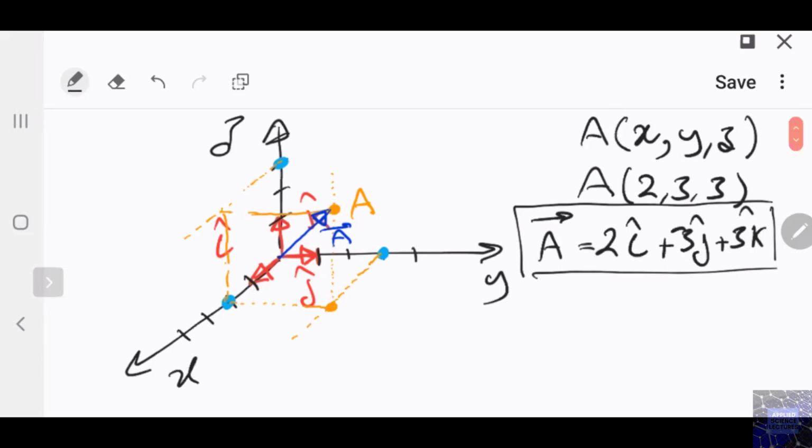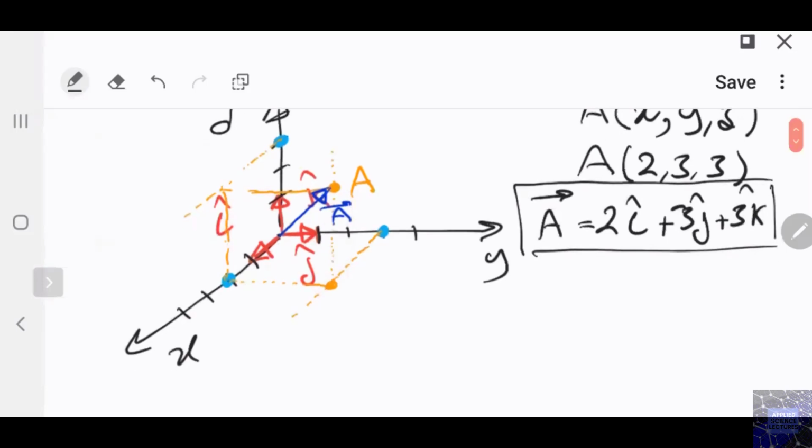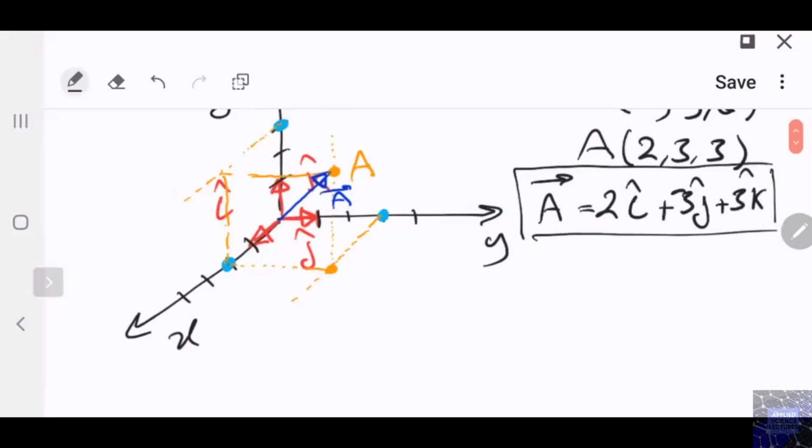Now, if I want to talk a bit about those unit vectors and the relationship between them when it comes to the dot product and the cross product, then I can say that if I take the dot product between this unit vector i hat and any other vector, j hat for example, the result is going to be a scalar.